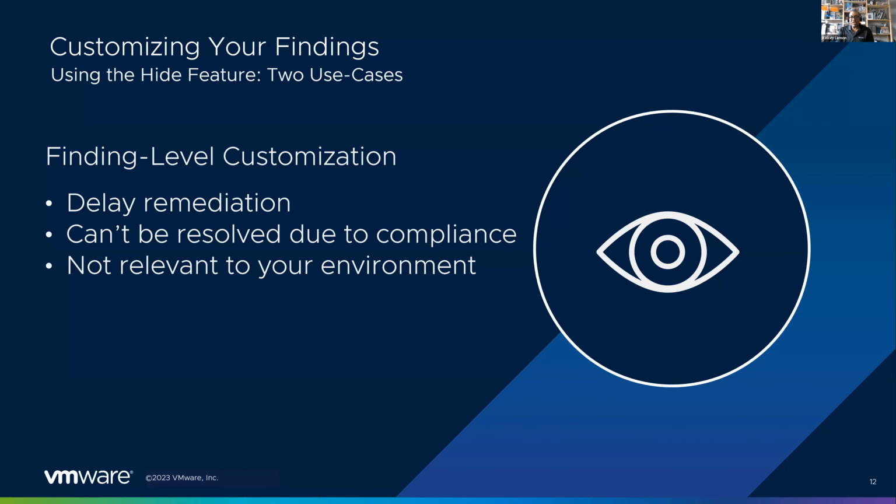They may want to delay remediation until they have more information, or they may want to hide a recommendation that simply can't be remediated at the time because of specific dependencies around compliance and standards they may have already established, or they may want to remove a finding that just does not have any impact on the environment they're managing. I'm going to show an example of that.